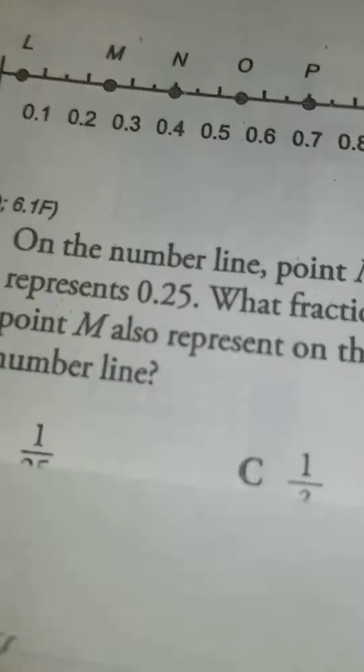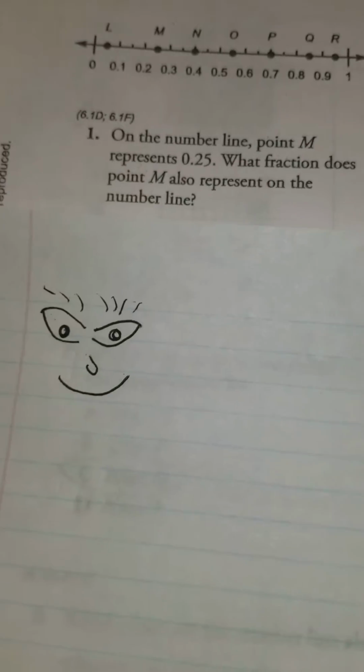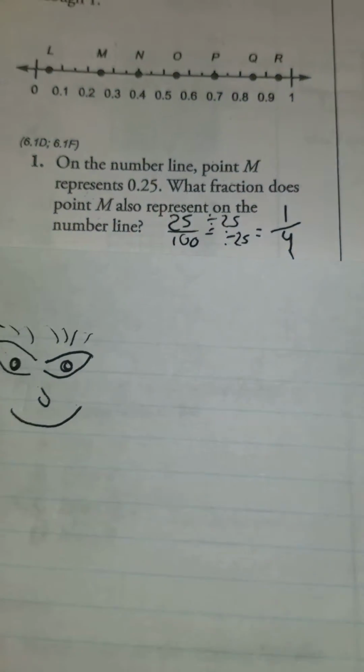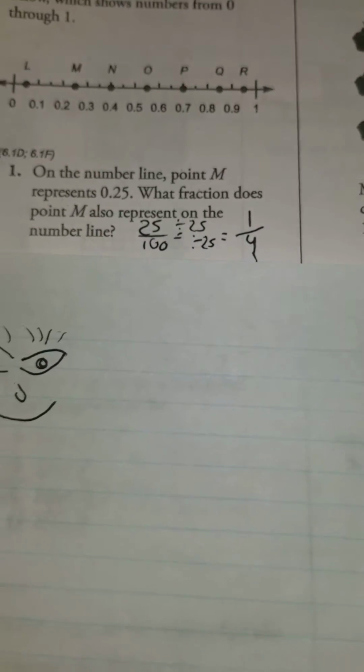So let's write that as a fraction. 25 over 100. If you divide both of them by a common factor of 25, you get 1 over 4. But we all know that 25 out of 100 is the same as 1 out of 4.